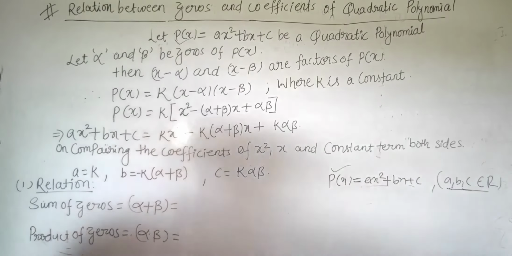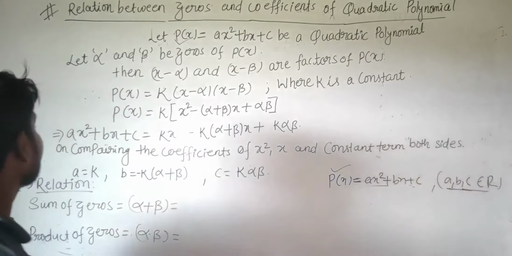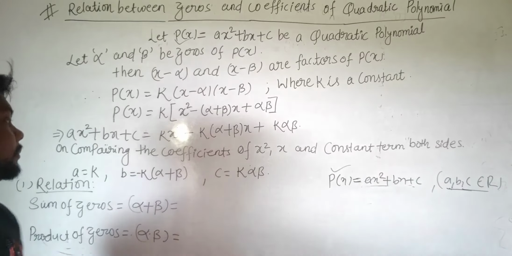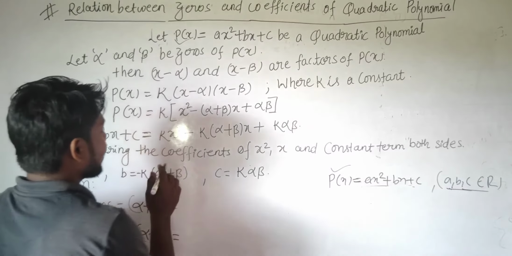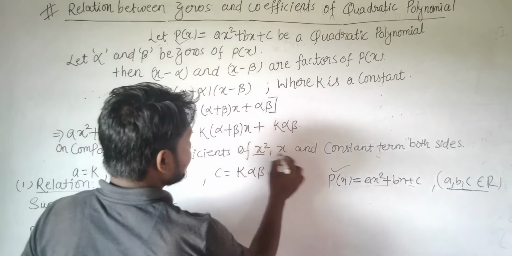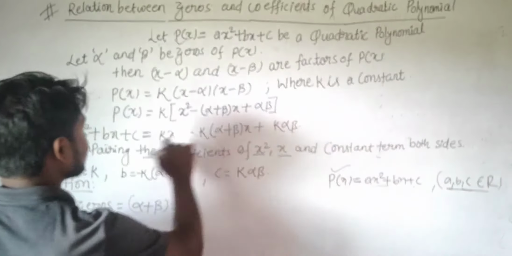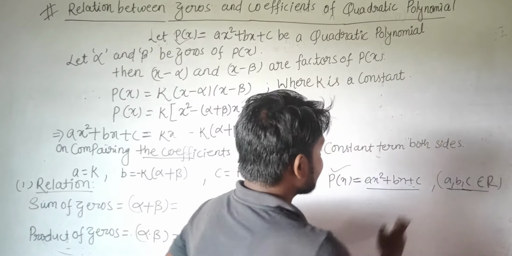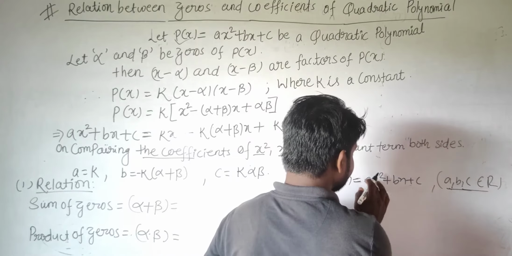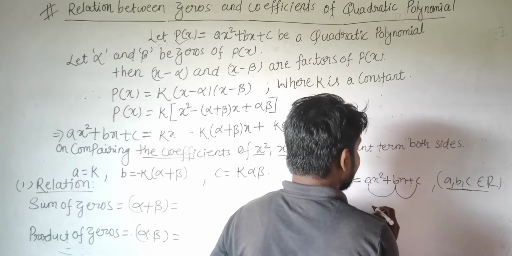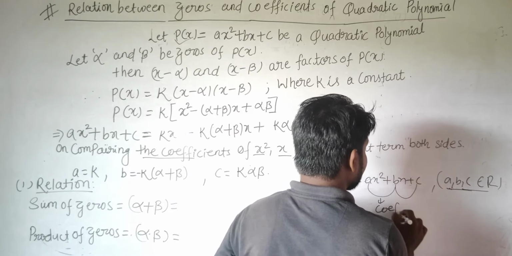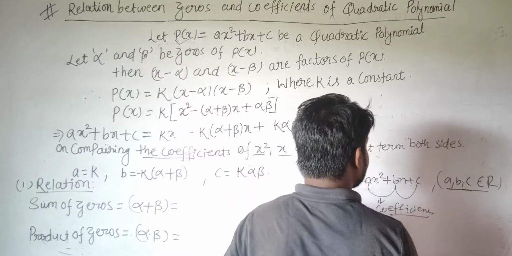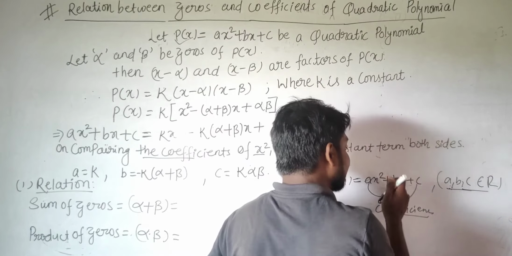Okay, now the next step, we will compare both the polynomials by coefficients of x square, x and the constant term on both sides. So basically, if this is a quadratic polynomial, in this case a, b, c refer to coefficients, so these are called coefficients, and these are mainly real numbers or real values, which precede the variable.